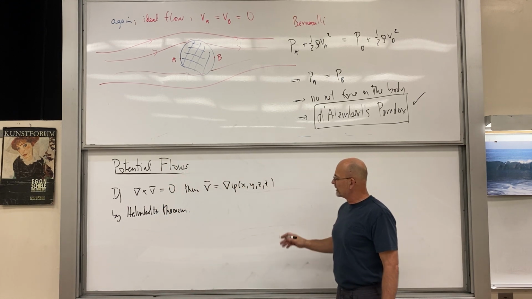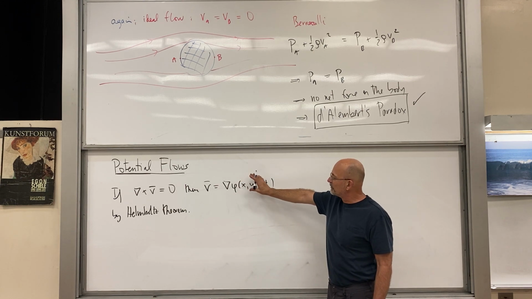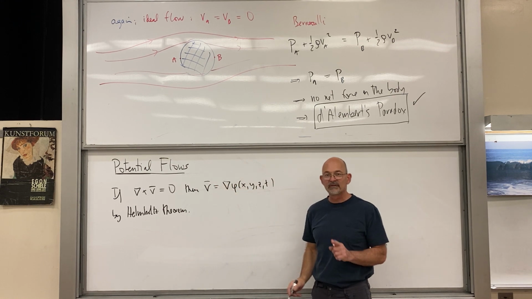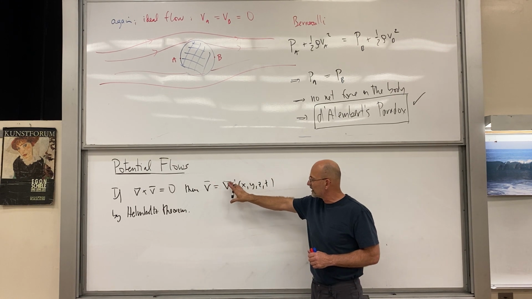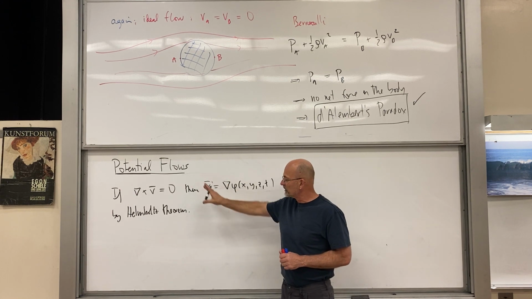So we're going to pursue that, but first, after giving this definition, I want to give another class of flows. Remember, we did have some in which the curl was 0, so those are potential flows.